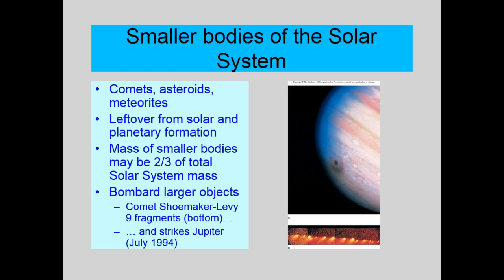So the sun can't be included in that, because if you take everything else, add them all together, the sun's 700 times more massive than those. But excluding the sun, then the mass of these smaller bodies may be 2/3 of the whole solar system mass.